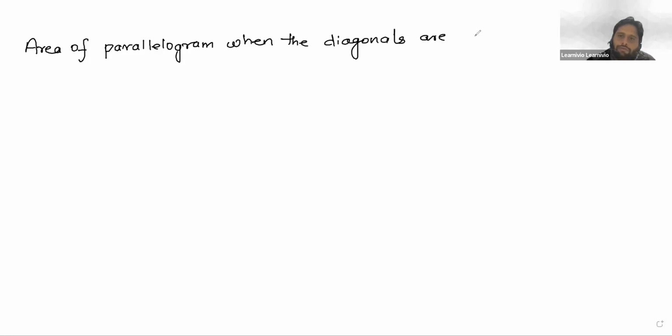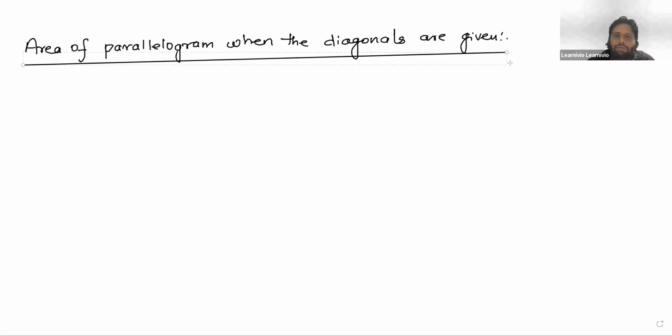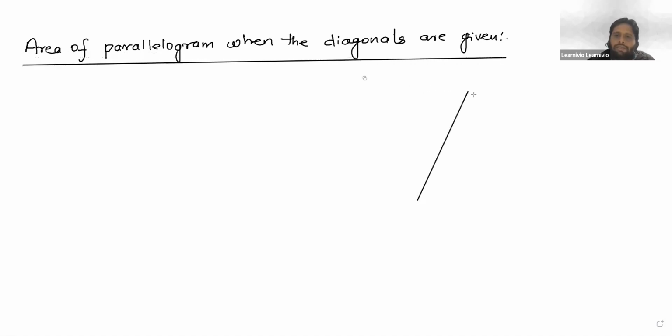We have done the formula of parallelogram when the adjacent sides were given as a vector. Now we will do a formula when the diagonals will be given.